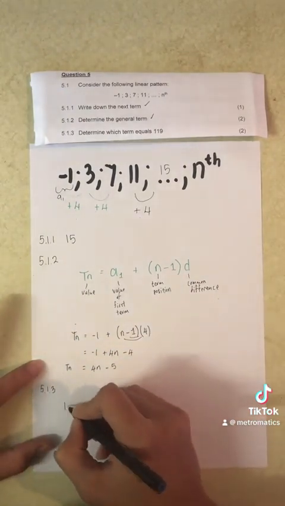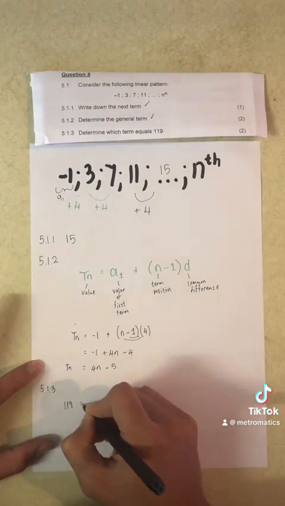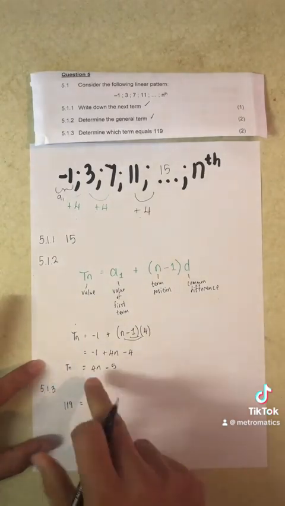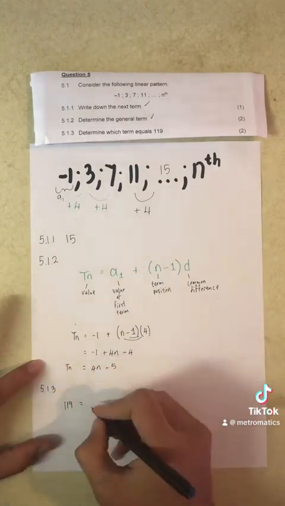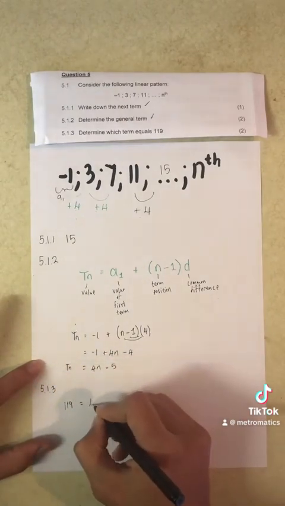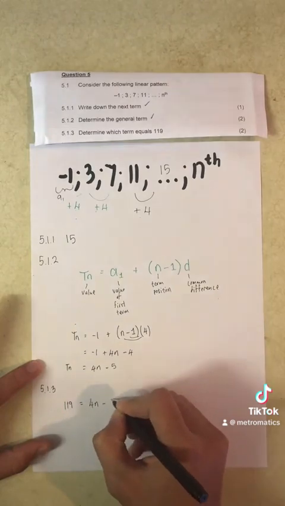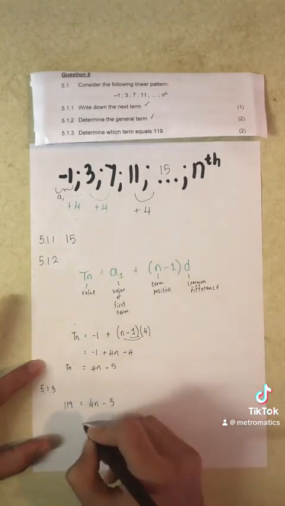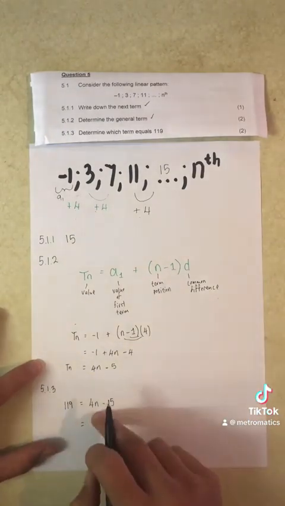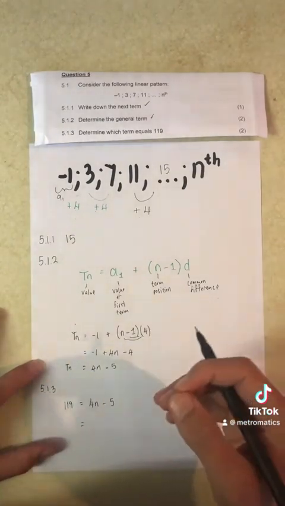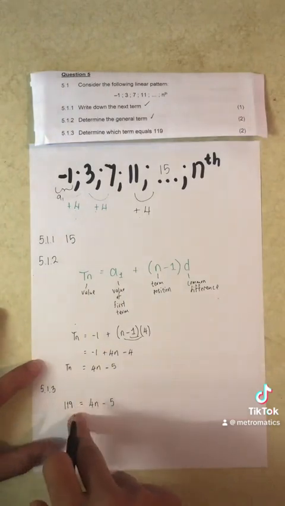So I can put 119 equals, and this here is your general formula, or general term, 4n minus 5. It's just like solve for x. We need to know what the term position is at 119.